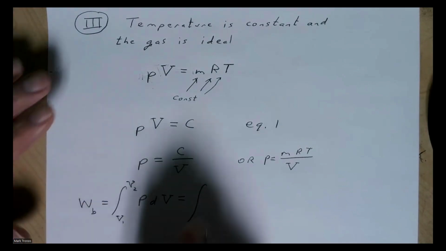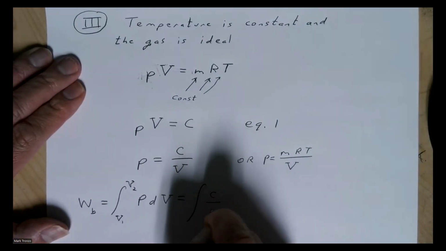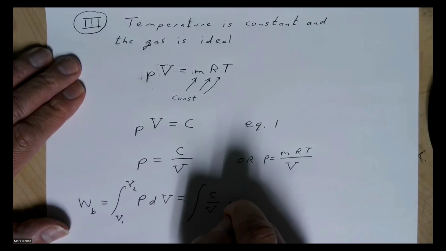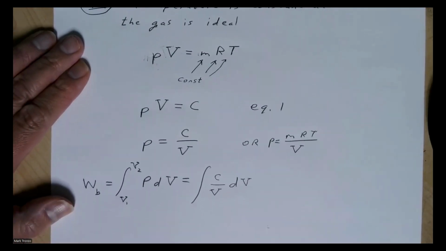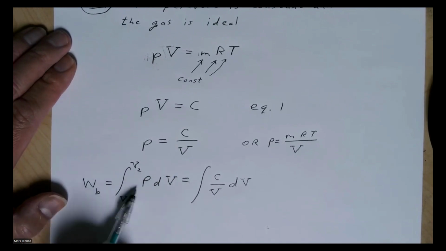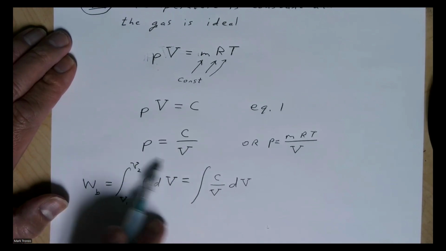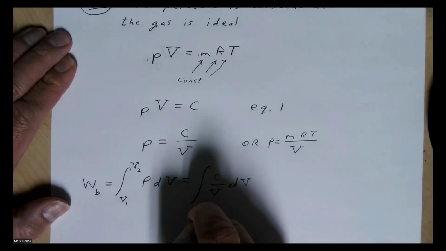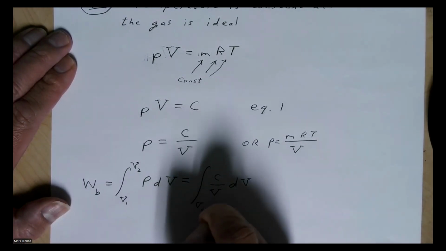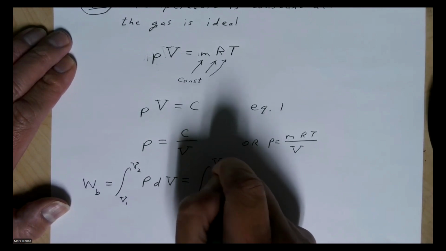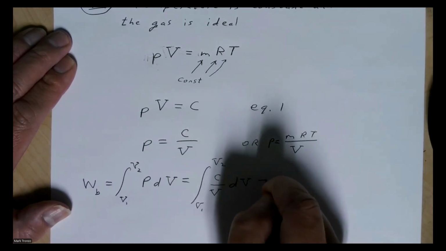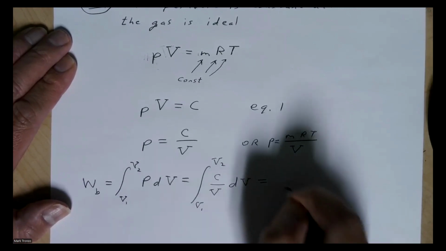When we substitute here, like this, I'm going to replace the pressure with what it's equal to, C over V. Again, remember going from V1 to V2. Now we can pull out the constant.